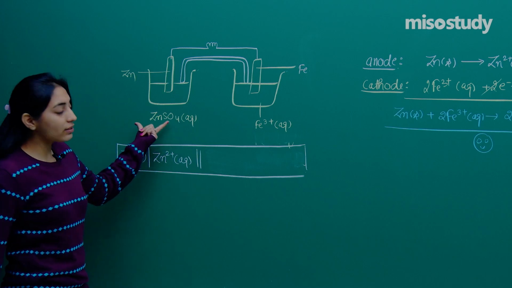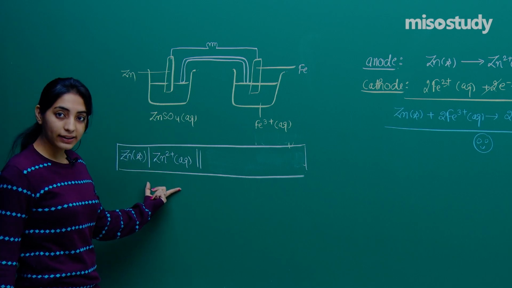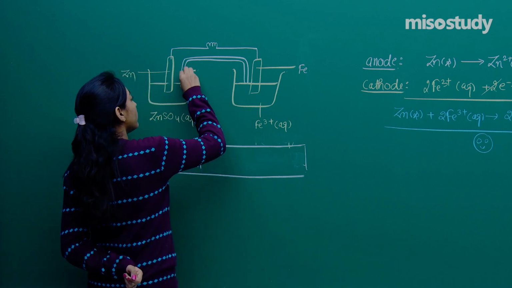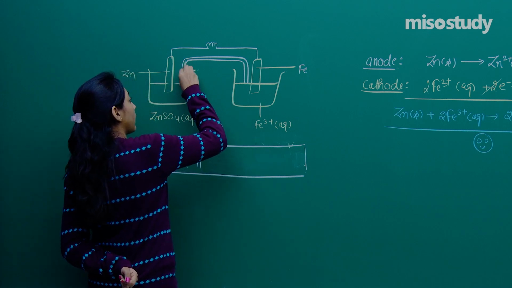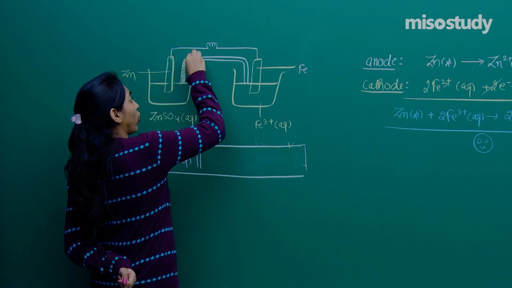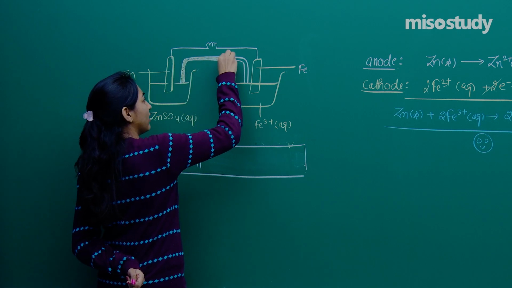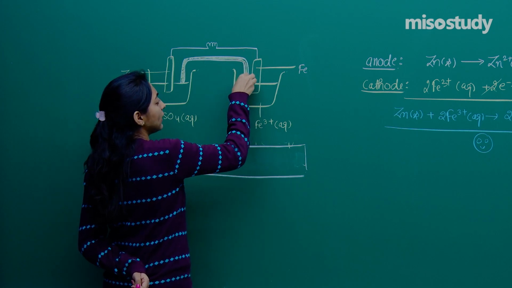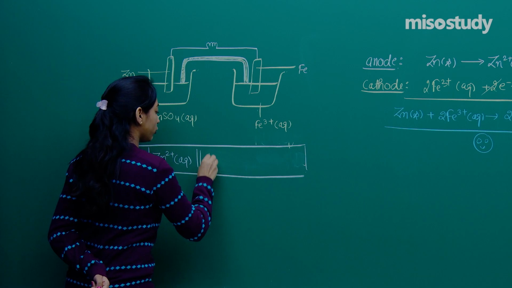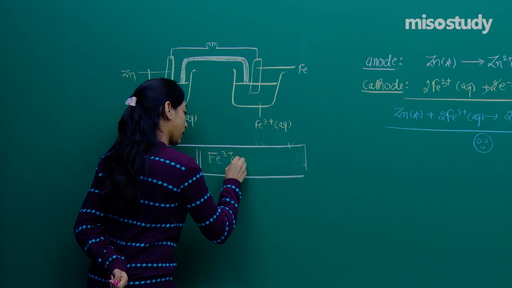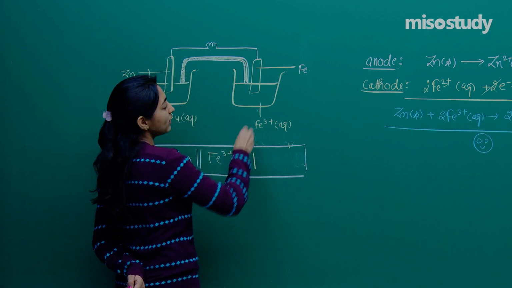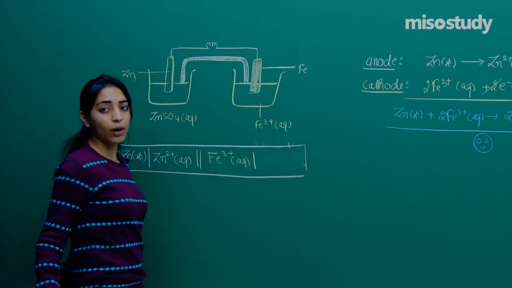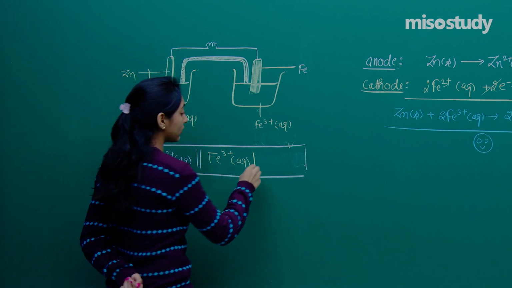See, I didn't change the anodic terminal, so I've kept it like this, whereas when I'm talking about the cathodic terminal, I said after the salt bridge, that is the salt bridge that we have. After the salt bridge, we will first meet the Fe3+ aqueous solution, which is to be separated. Now the iron is there and the iron is available in the form of solid. So this is Fe solid.